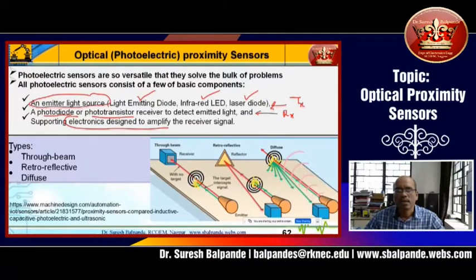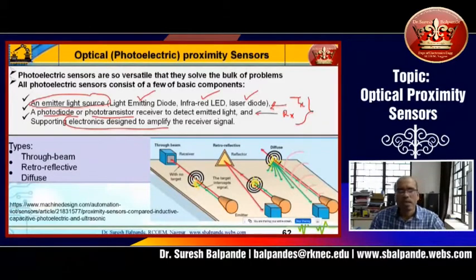Unless enough voltage appears at the PLC input, it will not recognize it. That is why we have to boost the voltage level using this supporting electronics, so that the receiver signal can be brought to a considerable voltage level and easily read by the PLC. This arrangement you will find in all types of optical proximity sensors.